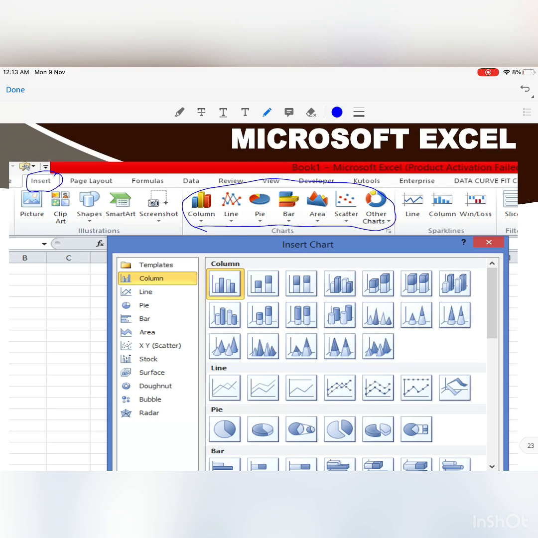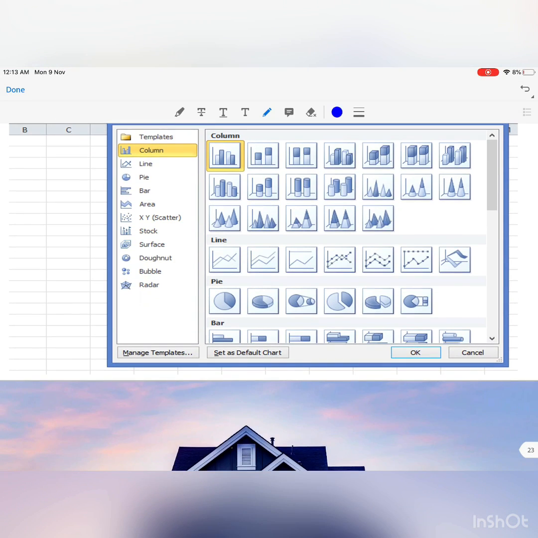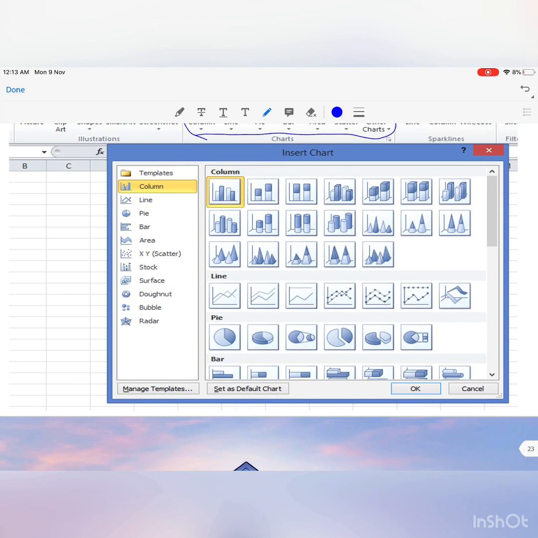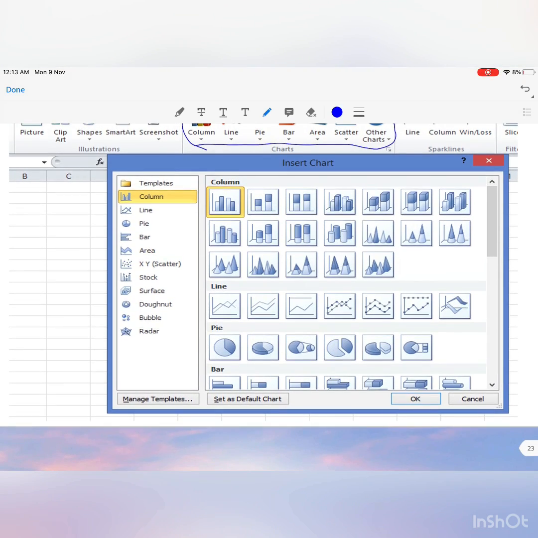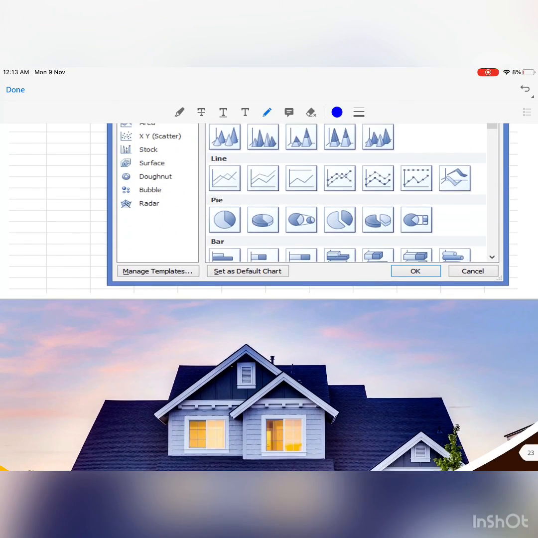We have a bar chart, line, pie chart, histogram, scatter plot, and so on. So many graphs in Microsoft Excel. We can choose which one you want to use to present your data. Everything is in Excel.